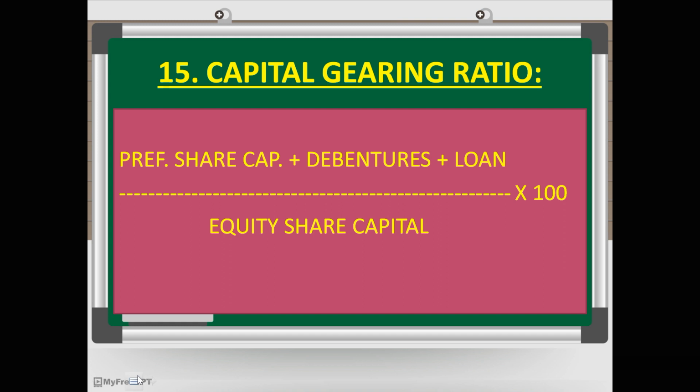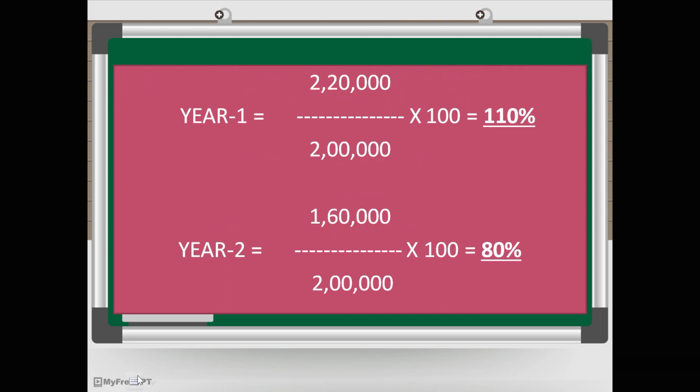And the other amount is equity share capital. We use only these two for this question. Year 1: bank loan, you know, in the balance sheet is 2,20,000, divided by equity share capital for the first year, 2 lakhs, into 100. The ratio is pegged at 110%.